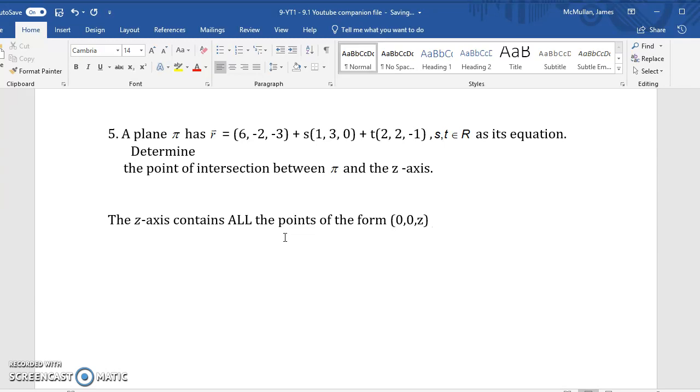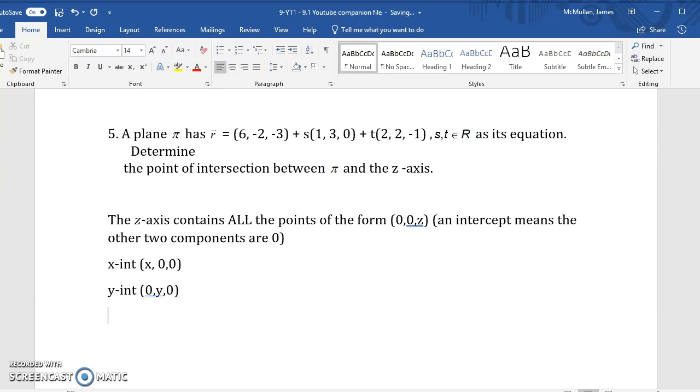So if you have an intercept in 3D, an intercept means the other two components are 0. So just quickly, an x-intercept would be of the form x, 0, 0. A y-intercept would be of the form 0, y, 0. And a z-intercept would be of the form 0, 0, z.